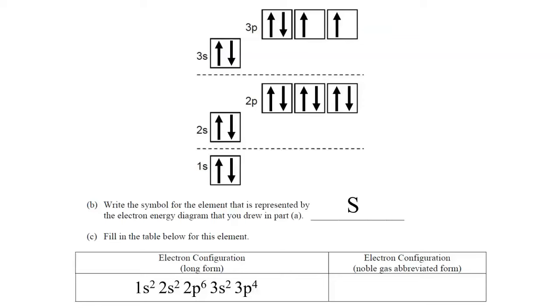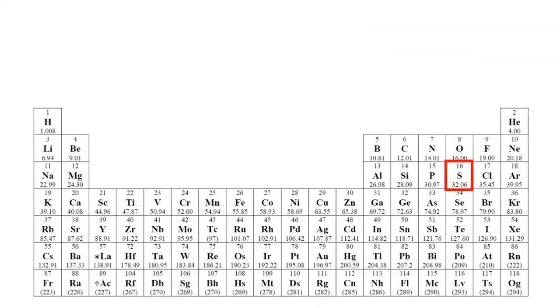Now, here's another way to write that same electron configuration simply by looking at the periodic table. We know where the element sulfur is located, so if we start at the top of the periodic table with 1s2, we can use our knowledge of the pattern of energy levels and the letters S, P, D, and F that represent the different types of orbitals to continue writing the electron configuration for the element sulfur.